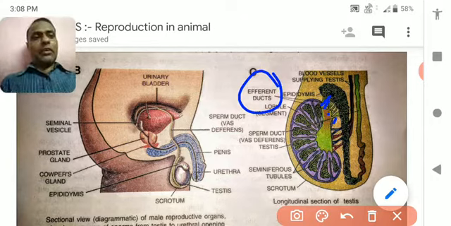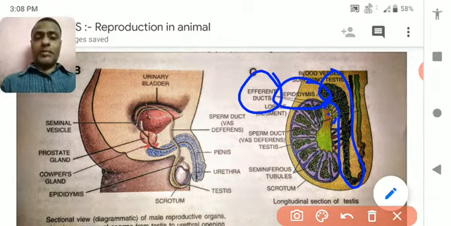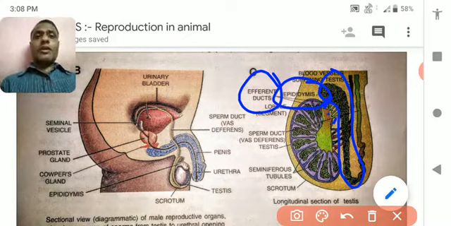Now it enters into the coil of tubes. This coil of tubes is called the epididymis. Here the sperm is stored for some days, rests here, prepares itself for fertilization and becomes mature.